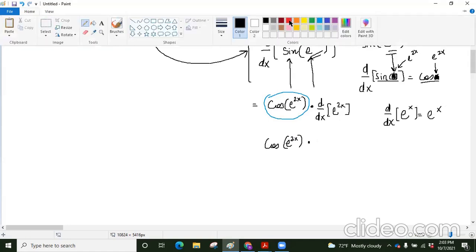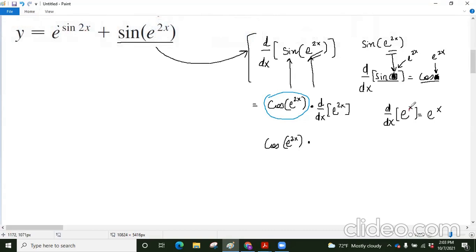But if I changed the x to being 2x, it has to follow. That means the derivative of e to the 2x is e to the 2x, just like the derivative of e to the 3x is e to the 3x, correct? But we're missing a step.